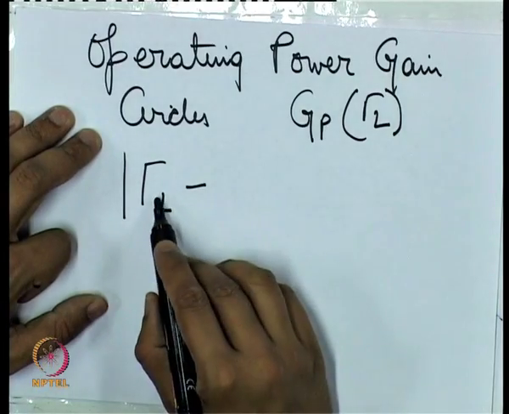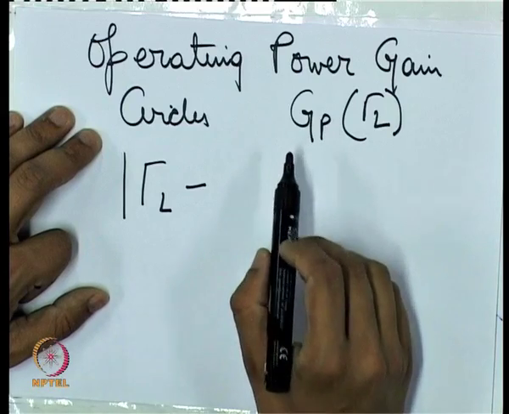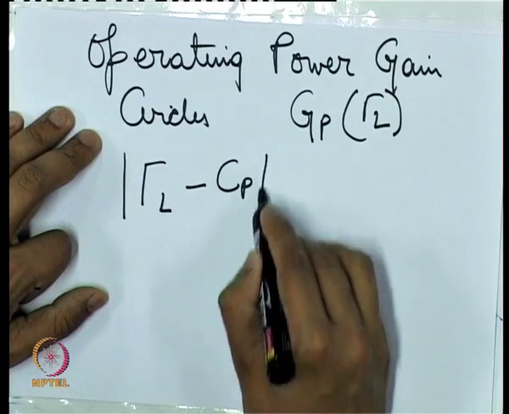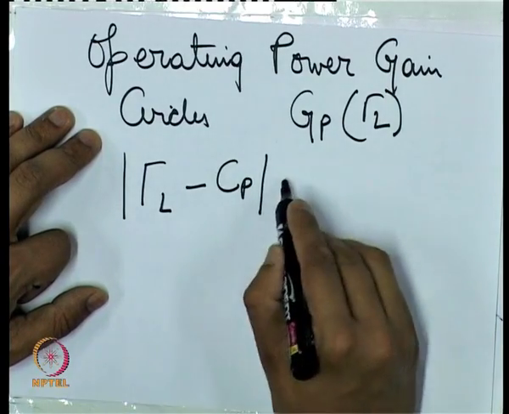Then the locus of gamma L for a constant value of GP, it can be shown, the derivation is there in the book by Gonzalez.